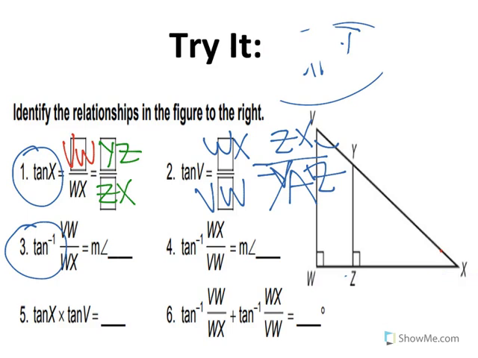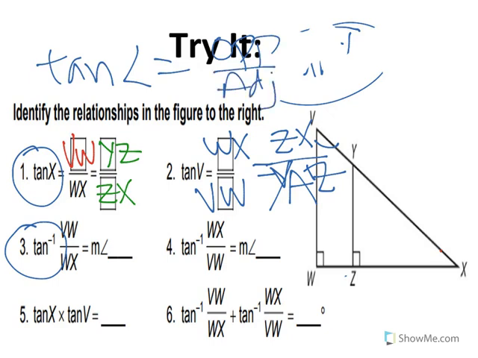We're still using the same ratio. Tangent of an angle is always opposite over adjacent. Right? So here we're looking at the inverse tangent of VW over WX. VW is the opposite, and WX is our adjacent. So that means we're looking from angle X. So this is your angle X.